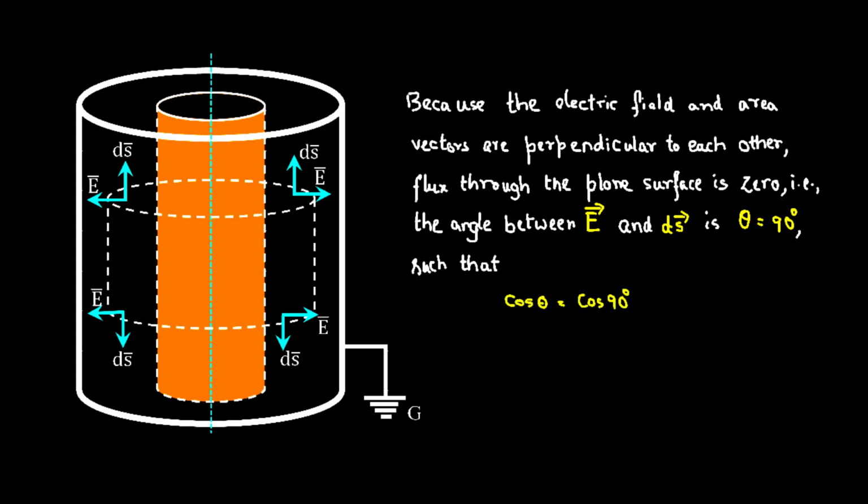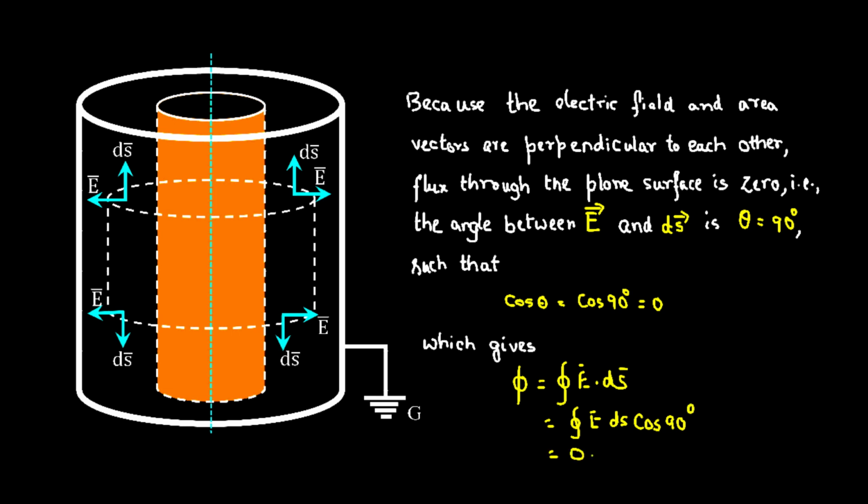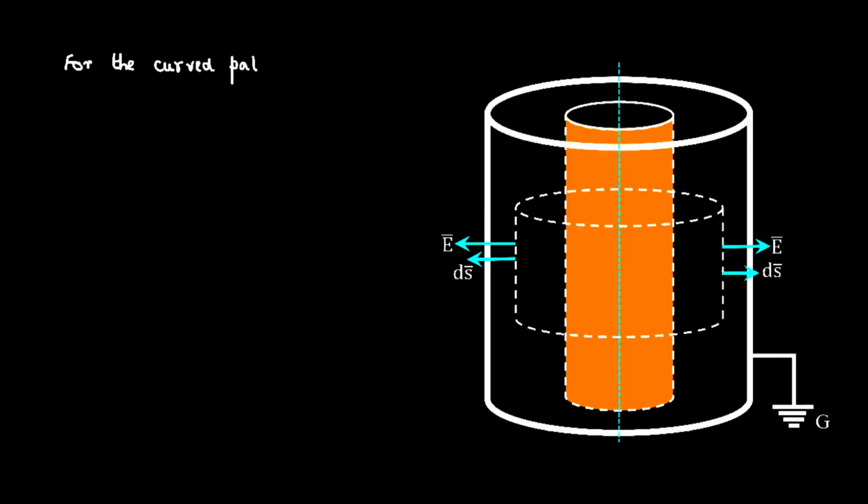That gives us the flux equal to the closed integral of E dotted with dS, which is the closed integral of E dS cosine of 90 degrees. Cosine of 90 being 0, we get a 0 flux.